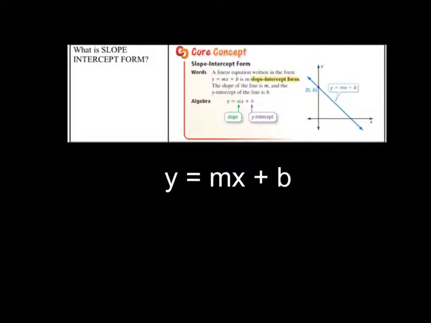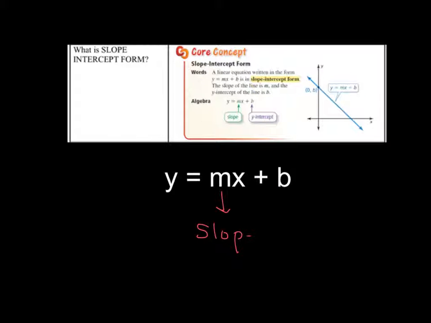Now we're looking at another form of a linear equation, and that form is y equals mx plus b. I played you guys a couple of songs today to help you remember, but what you need to know is that y represents your dependent variable. M is going to be our slope.